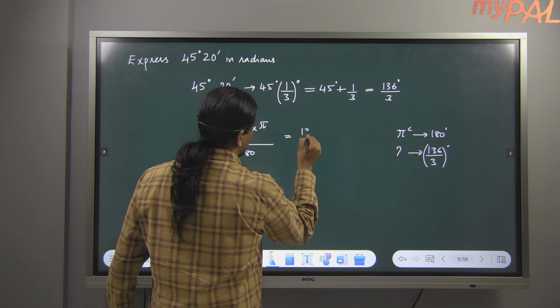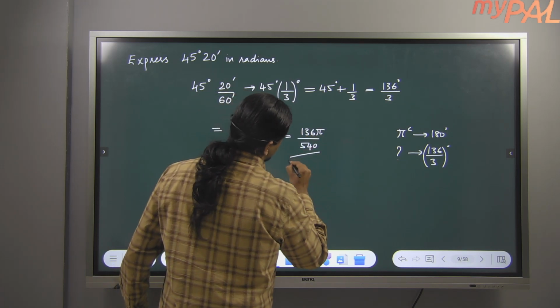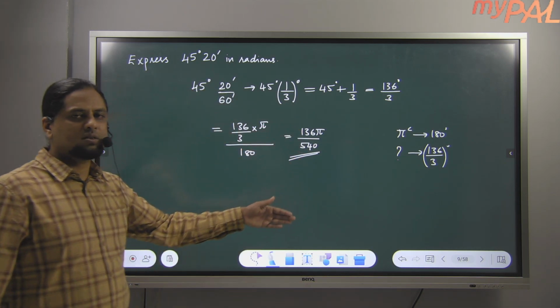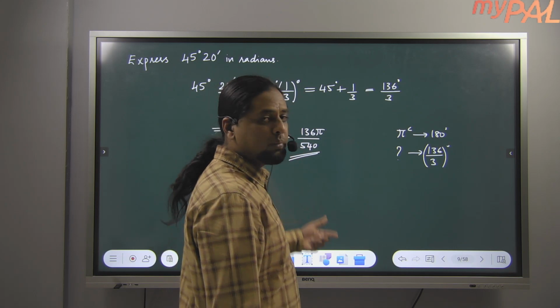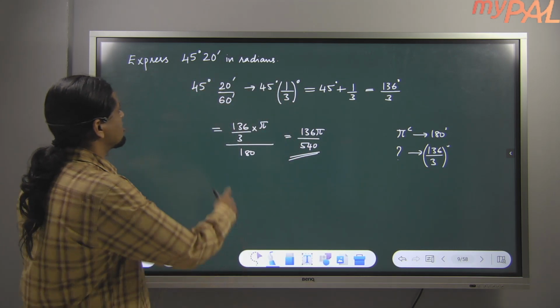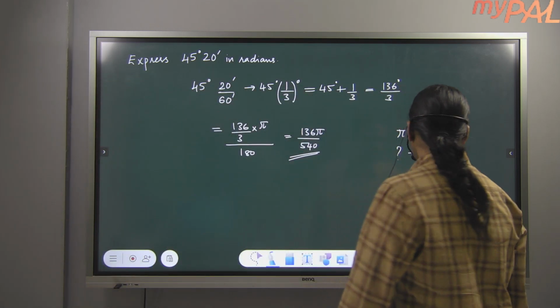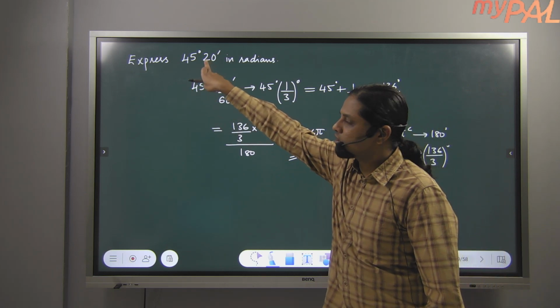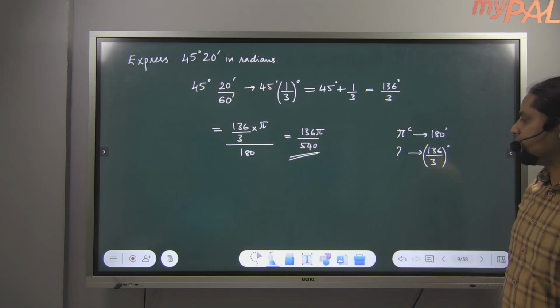How much is it? It is going to be 136 pi divided by 540. This is the answer in radians. In case we have to reduce it, we can reduce it to the simplest fraction. Right? So this is how we face questions where you have to convert from degrees to radians. They may give minutes and seconds also, and you can convert it into radians.